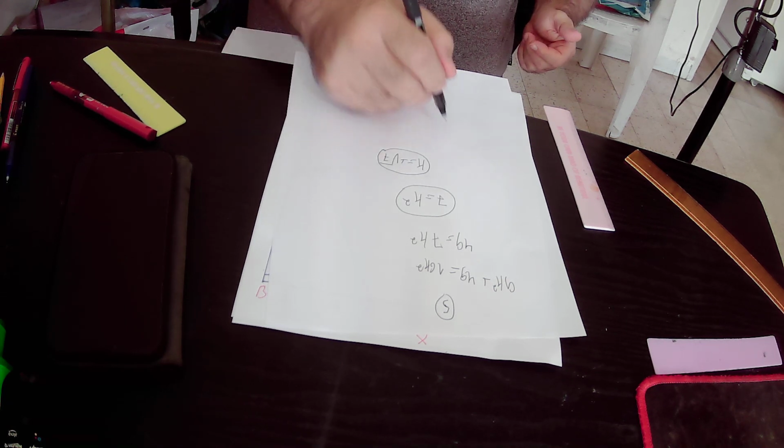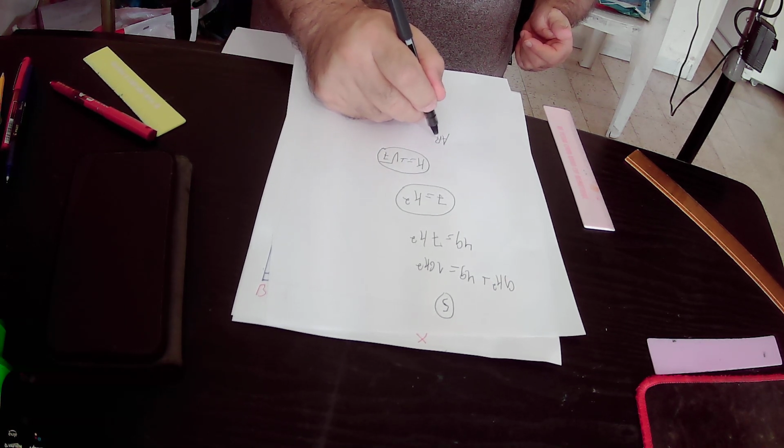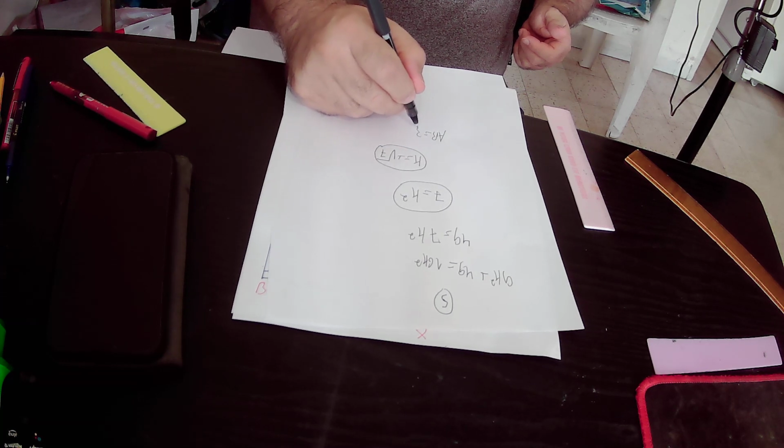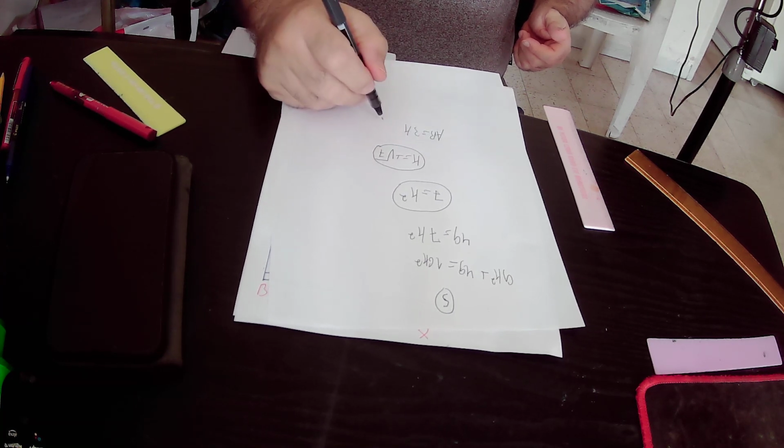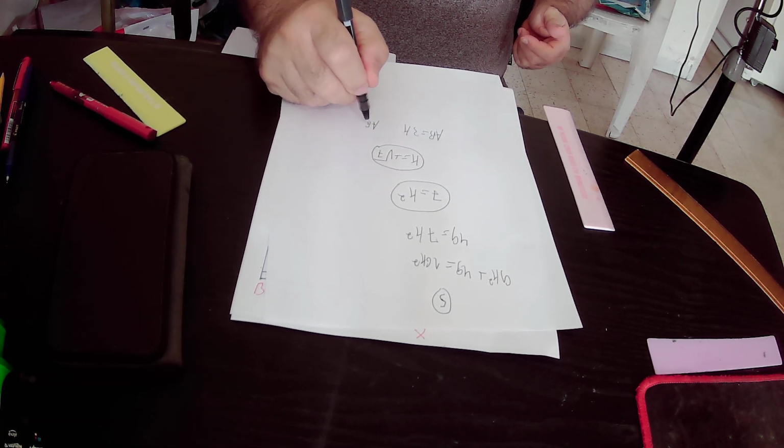But we know that AB equals 3K according to our definition, and AE equals 4K.